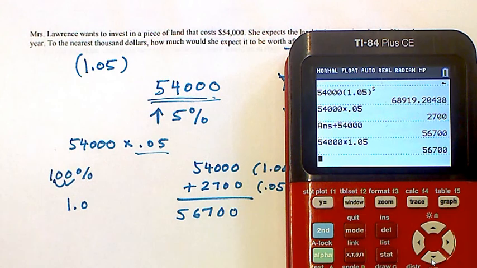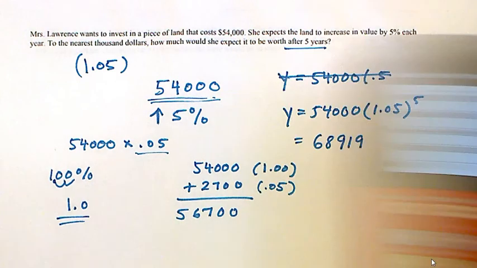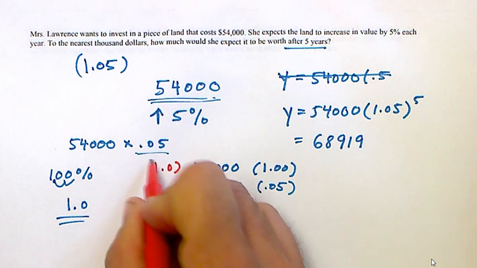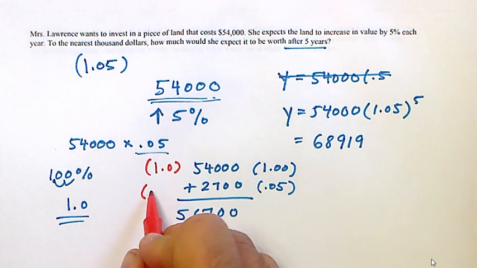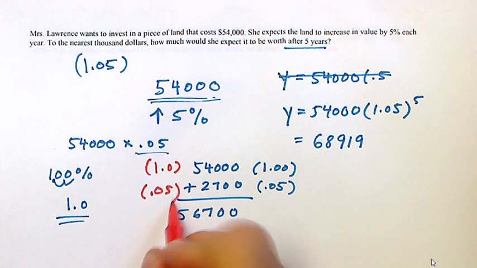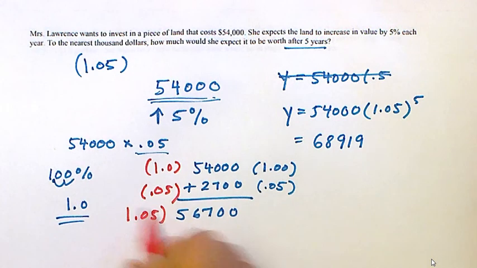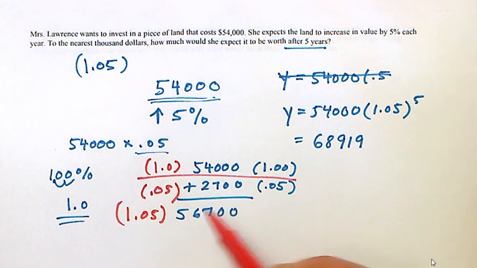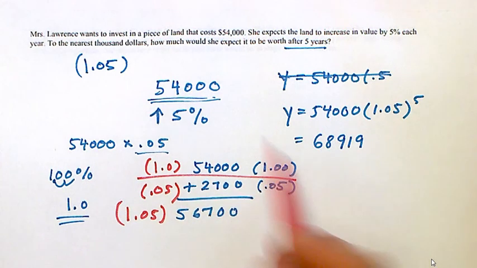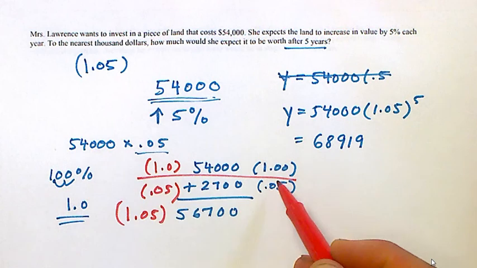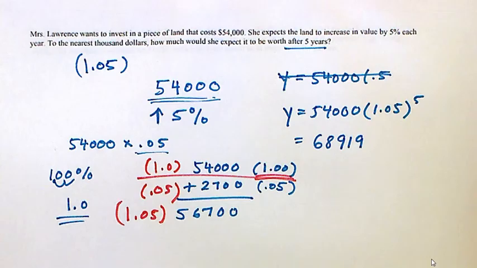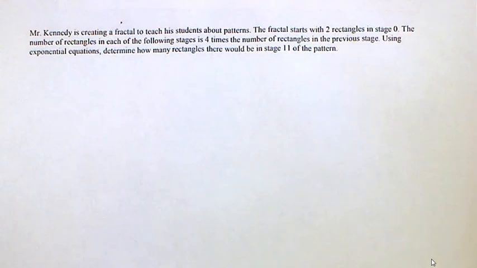So here's my 1.0, and this is adding my 0.05, and put that together, that gives you 1.05. So what this allows you to do is skip that adding step. I don't need to find 5% of 54,000 and then add it, I could just include it in my multiplication. Again, this will be taped on the wall for you guys.